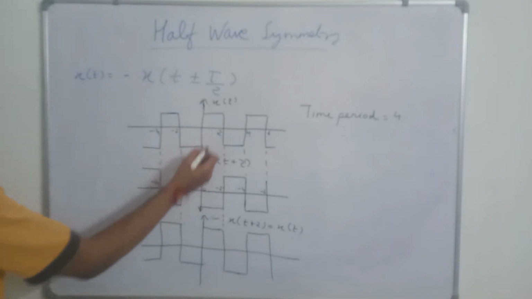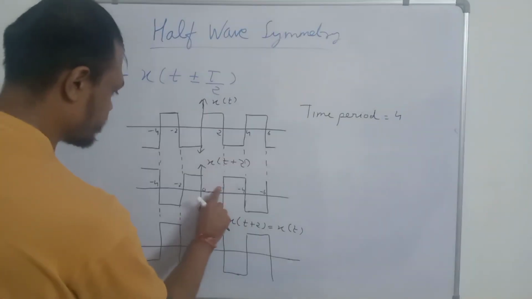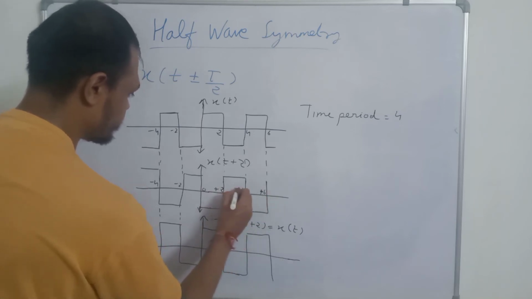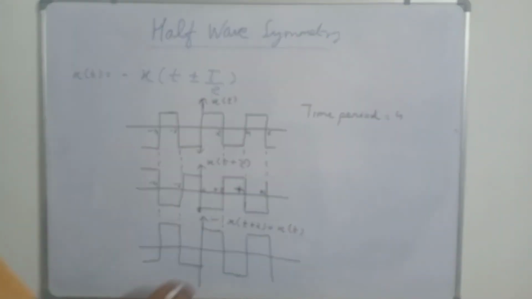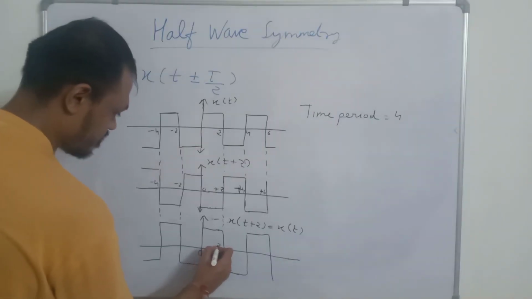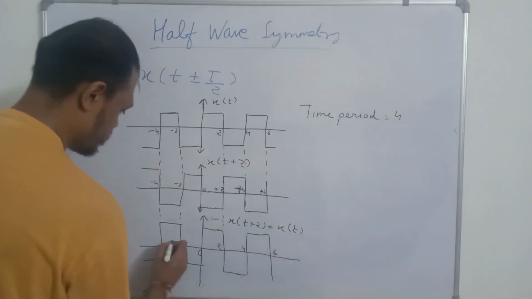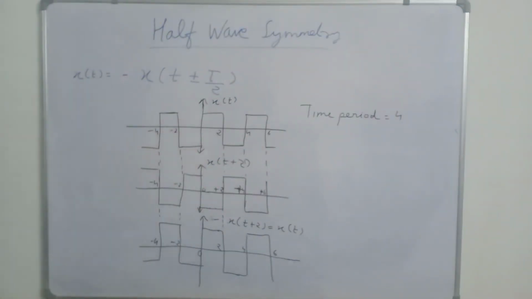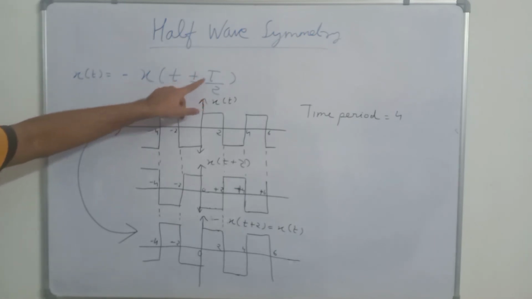See, this signal and this signal are the same. This is plus 2, this is plus 4, this is plus 6. So we can say that this signal is a half wave symmetric signal, because it satisfies the condition that x of t is equal to minus of x of t plus minus T by 2.